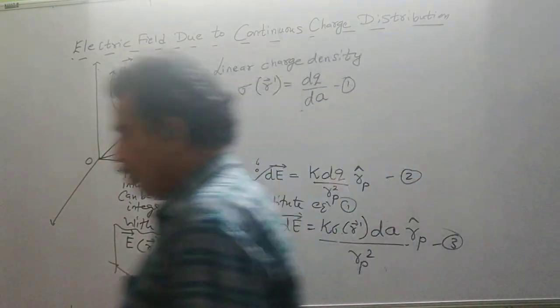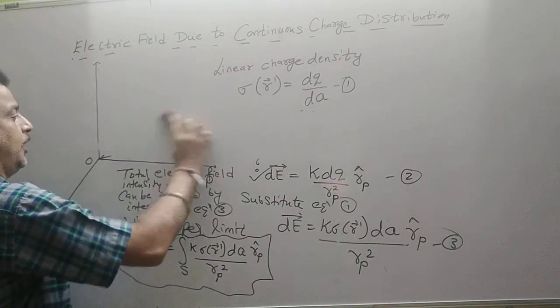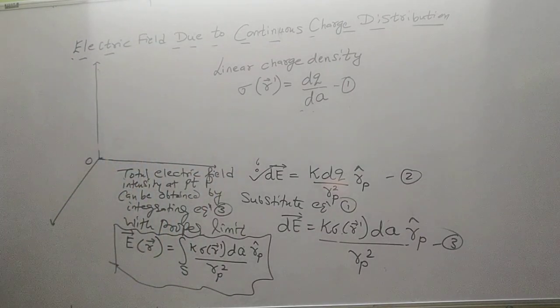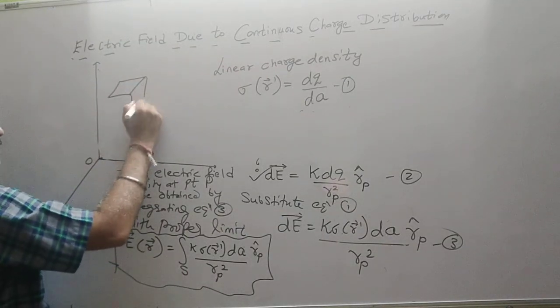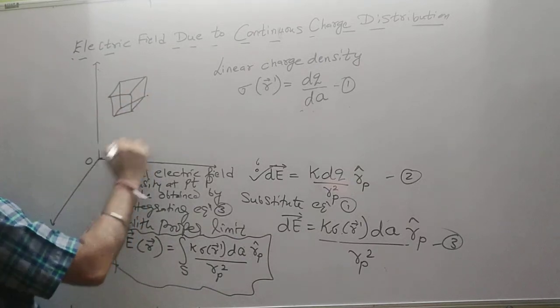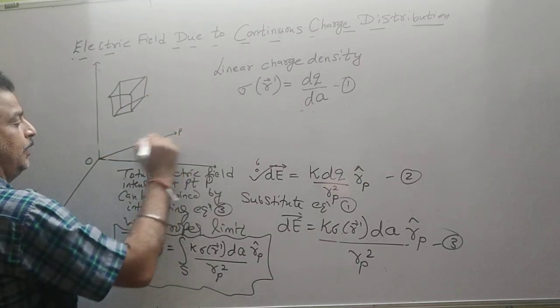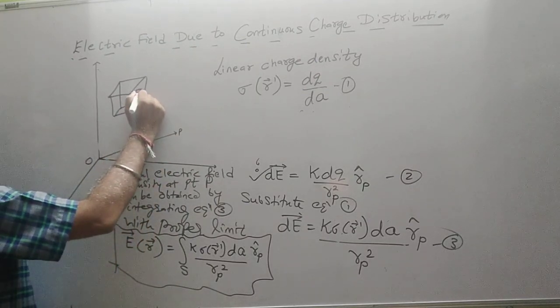Similarly, if you have a volume charge distribution, I will change the diagram. Now I have a three-dimensional figure, so let us consider one cube. Again the point P, position vector r vector. Now I draw a small cube inside it.